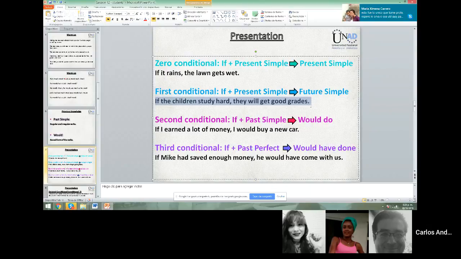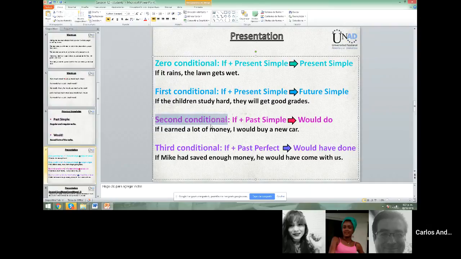It is very easy. We learned that the first conditional describes a specific future event. It's something that will happen in the future. So if the if clause happens, the consequence clause will happen, but in the future.